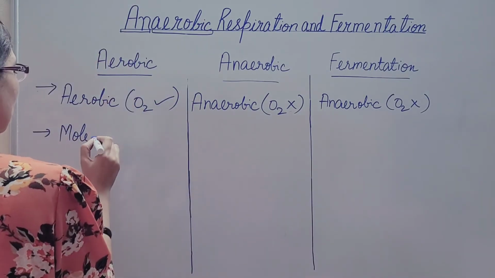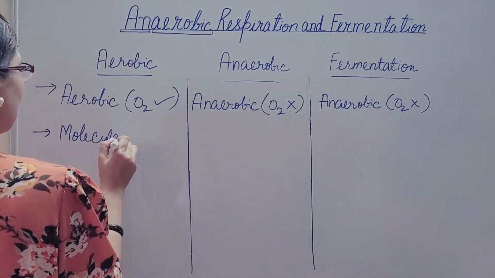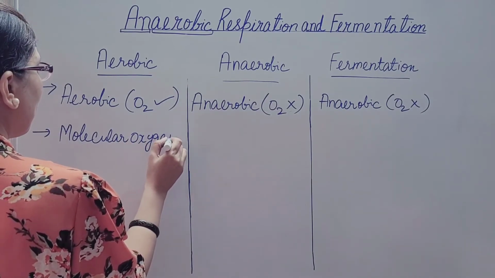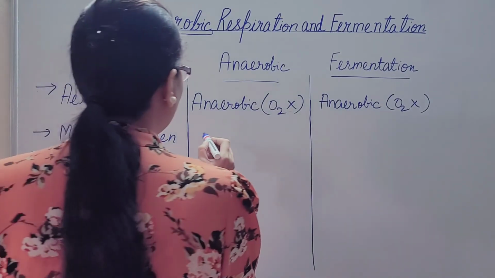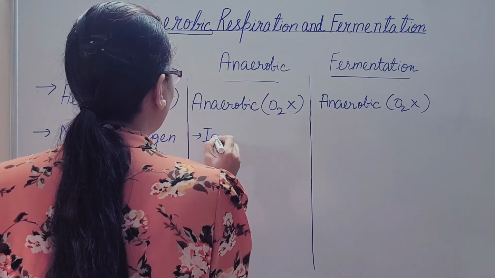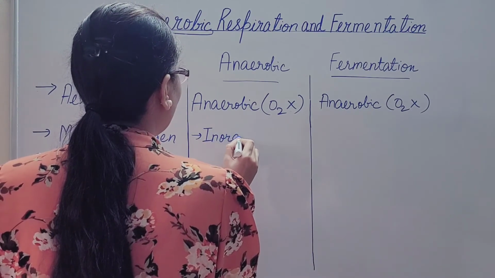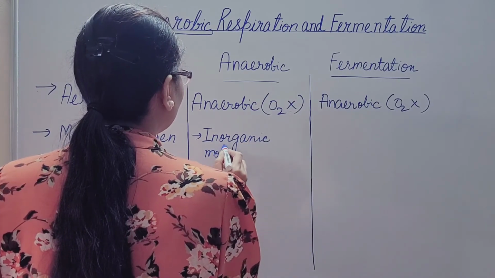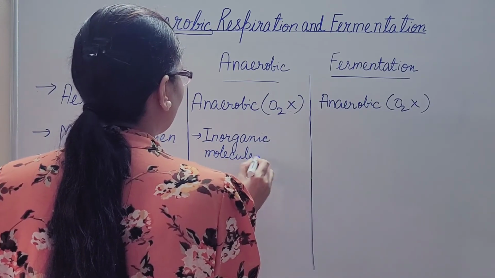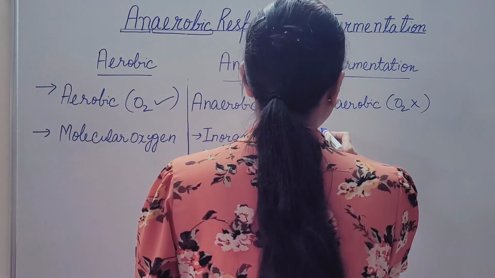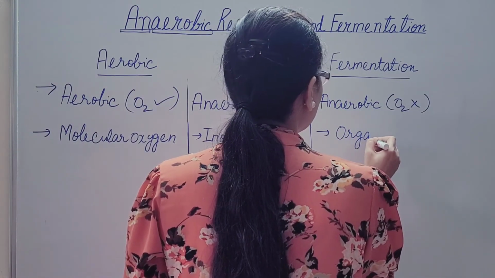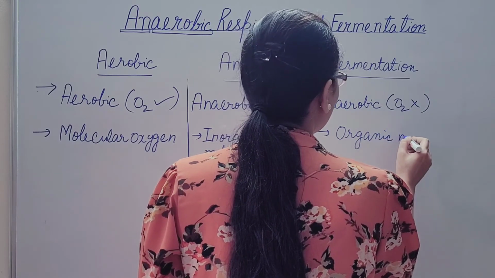In aerobic respiration, final electron acceptor is molecular oxygen. In anaerobic respiration, final electron acceptor is an inorganic molecule. And in fermentation, final electron acceptor is an organic molecule.